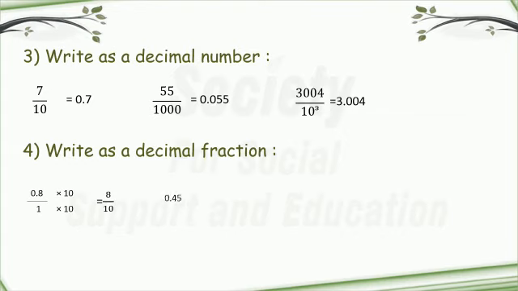Over here 0.45, we have two digits after the point, then we have two zeros in our denominator, so 45 over 100. Then we have 0.725. We must write 725 in our numerator without the point. Then in our denominator we have three zeros because we have three digits after the point.